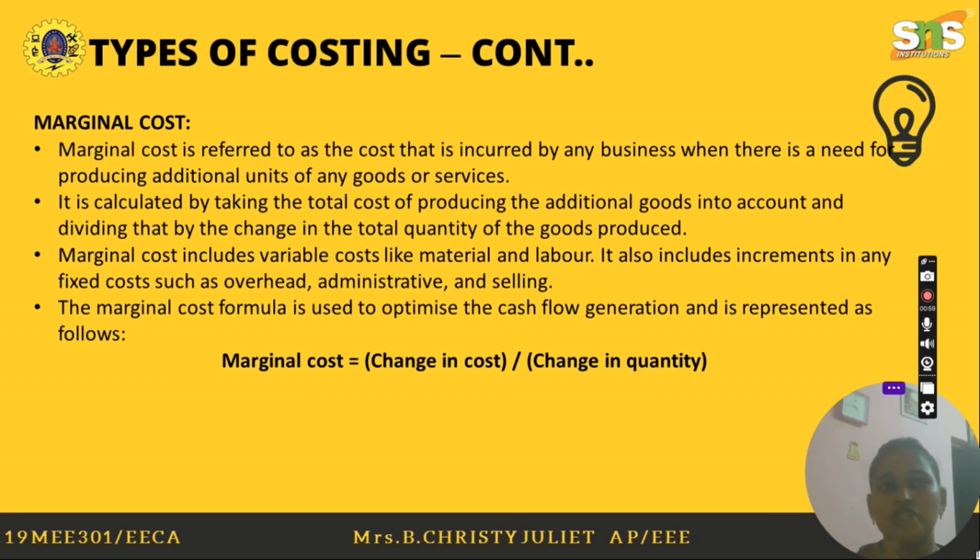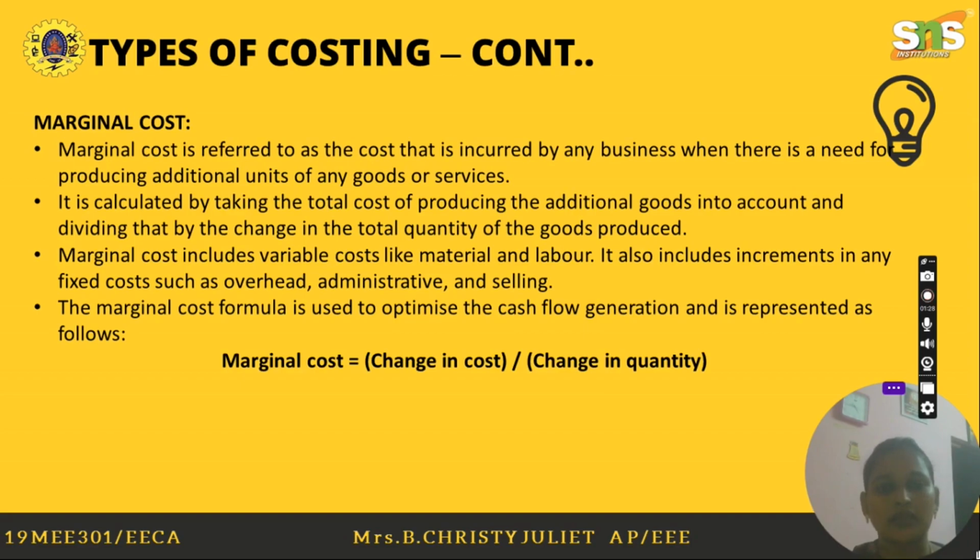So the change in cost is 180 minus 100 divided by change in quantity, 200 minus 100, which is 80 by 100, equal to 80 paise. From this we can find that if you increase the output level, the cost for producing the extra quantities will get reduced, and that cost is called marginal cost.